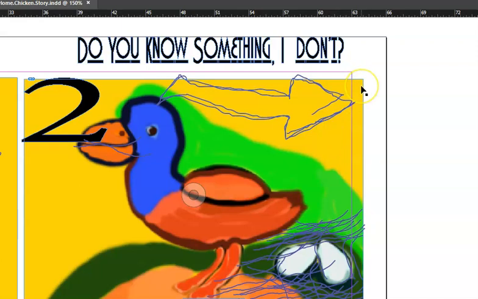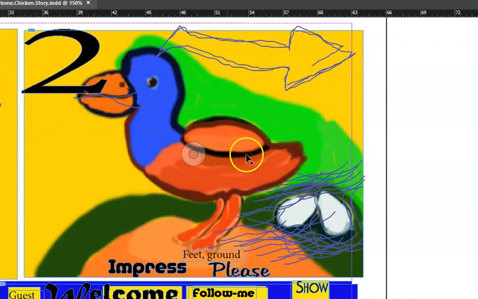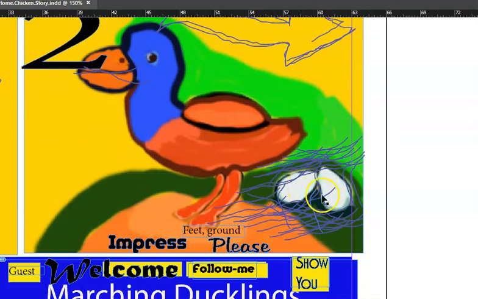But still, whenever you think about that, do you know something I don't? So I thought I'd go ahead and put that in right there, talking about the eggs right there. A lot of times that usually happens whenever you see something that somebody else cannot see, and one of those is that you saw eggs in a nest or something like that, or you took a photograph of something.